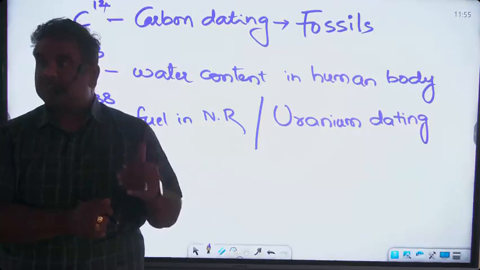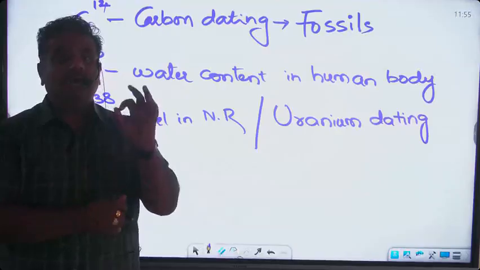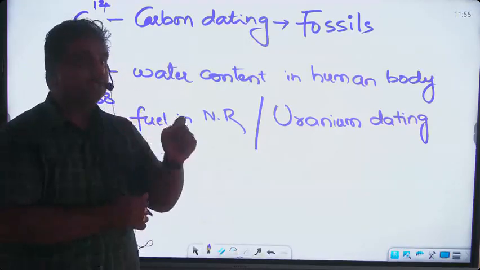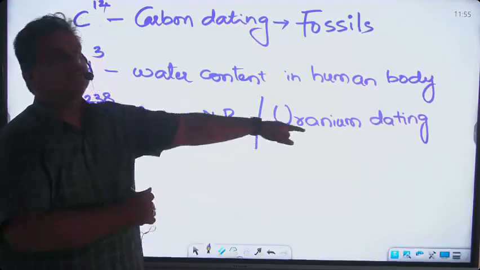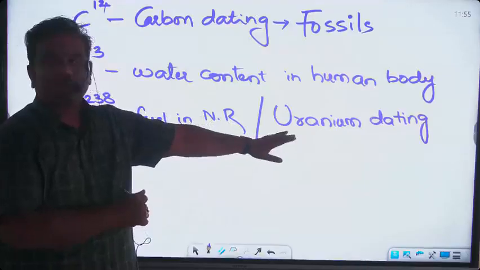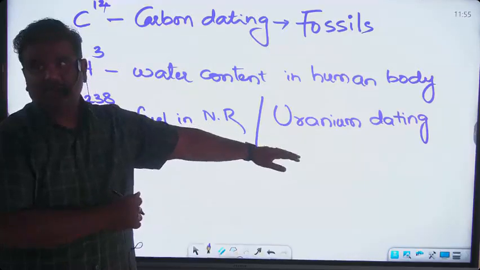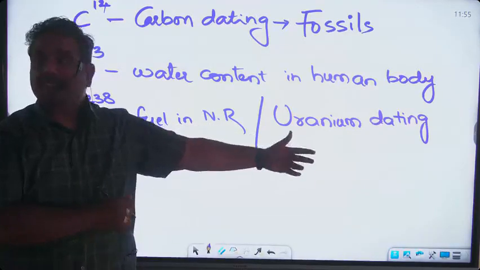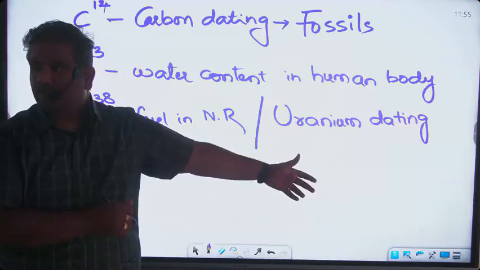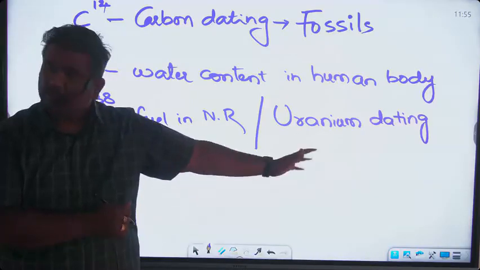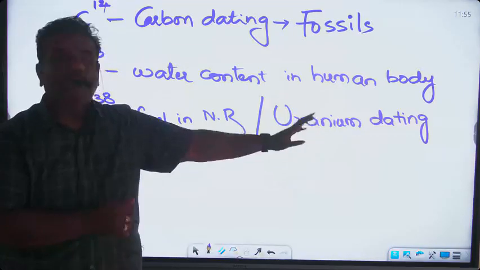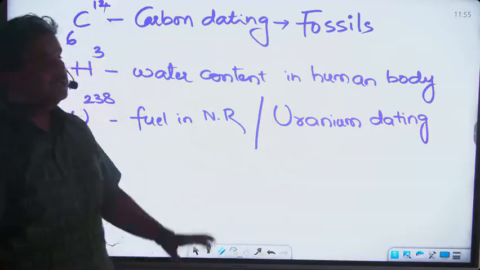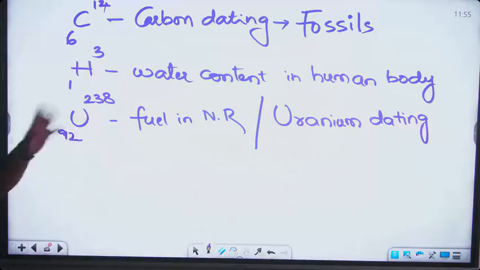How do we calculate the age of a particular stone? Using a method called uranium dating. For igneous, metamorphic and sedimentary rocks, their age, and also when the earth was formed, for that we use this phenomenon known as uranium dating.